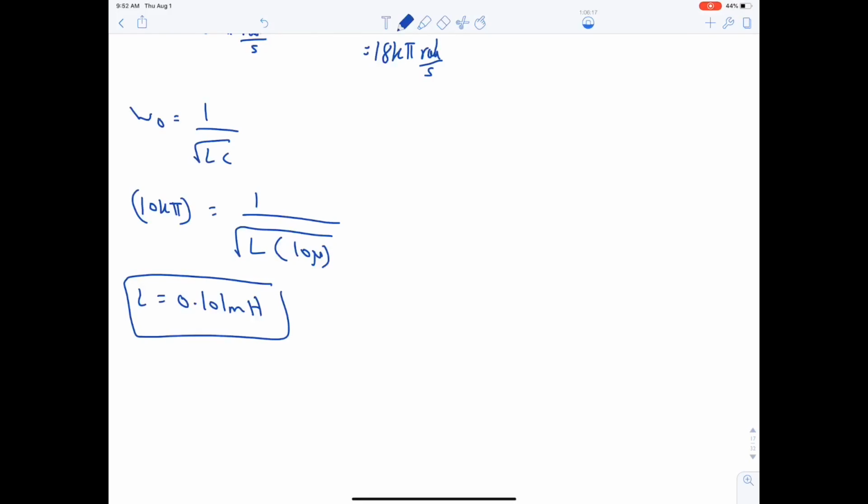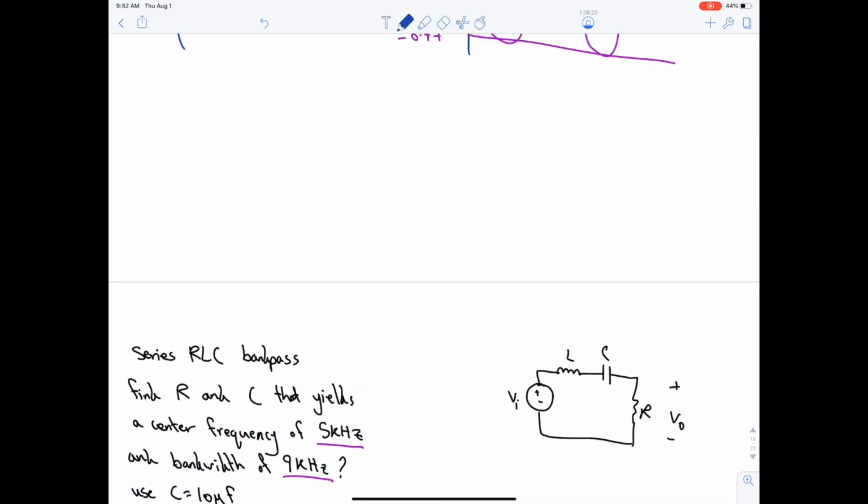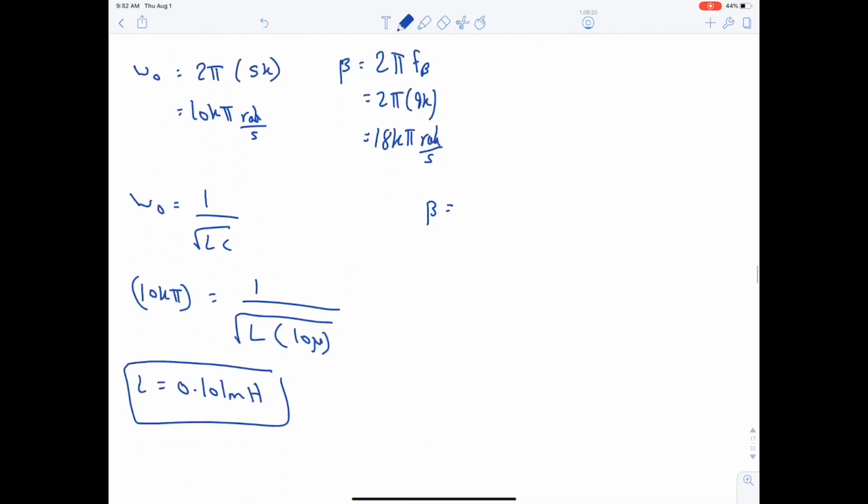After finding L, we can find R through the beta equation. Now in series, you have to take note, beta is R over L, but in parallel it's something else, right? It's 1 over RC. Anyway, so here it's 18 kilo pi, R is unknown, and L is 0.101 milli. R is equal to 5.7 ohm.